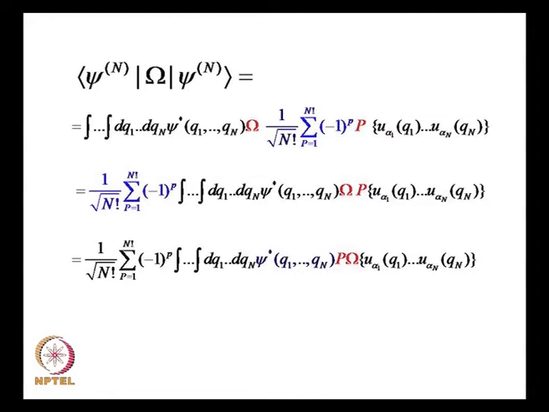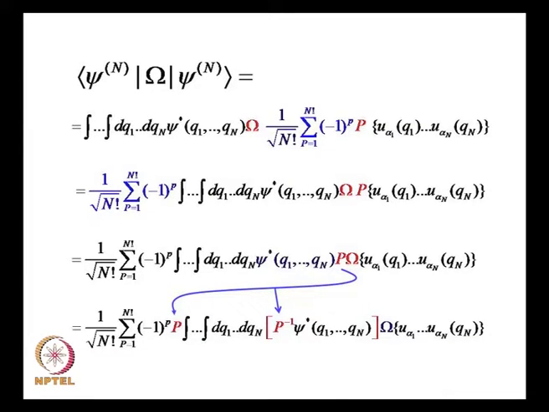But then I must worry about what it would do to psi star, because if I am to put the permutation operator behind psi star, I must compensate for it, because the permutation operator, when it operates on the wave function or even the complex conjugate of the wave function, will give you (-1) to the power p times that wave function, which could be either +1 or -1 depending on the number of interchanges involved in that permutation.